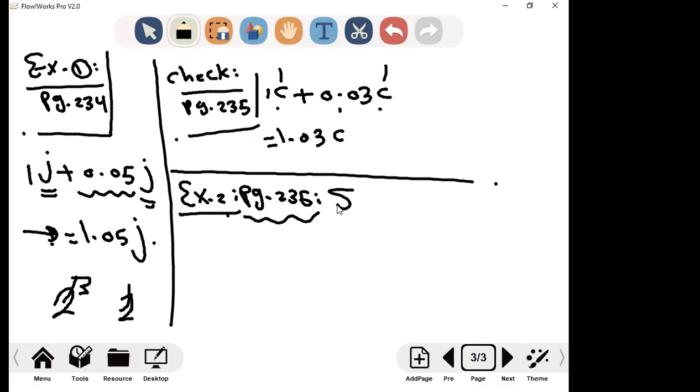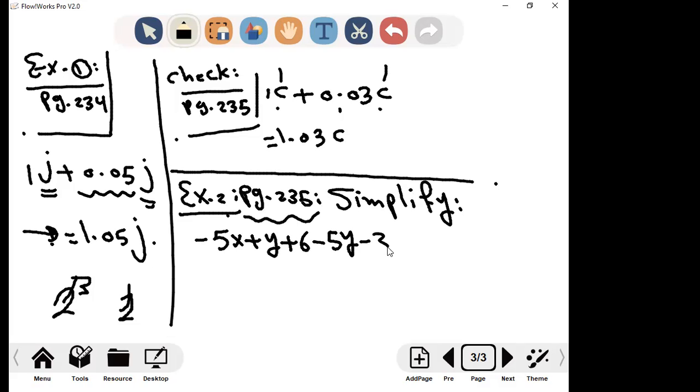The question says, simplify negative 5x plus y plus 6 minus 5y minus 3, right? Correct? Yeah. Here, let's take a look at our expression. How many terms do we have? 1, 2, 3, 4, 5. We have 5 terms, right?